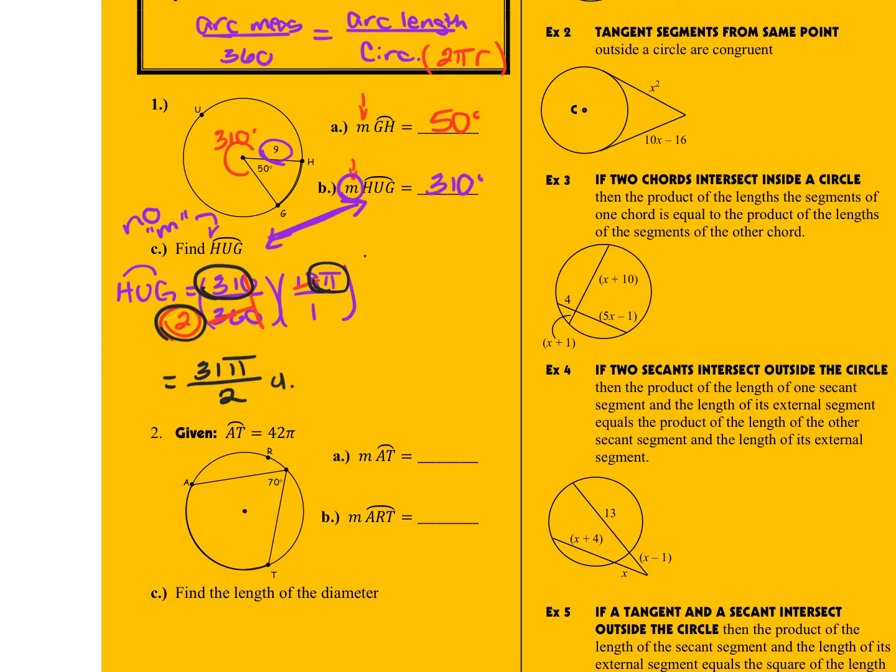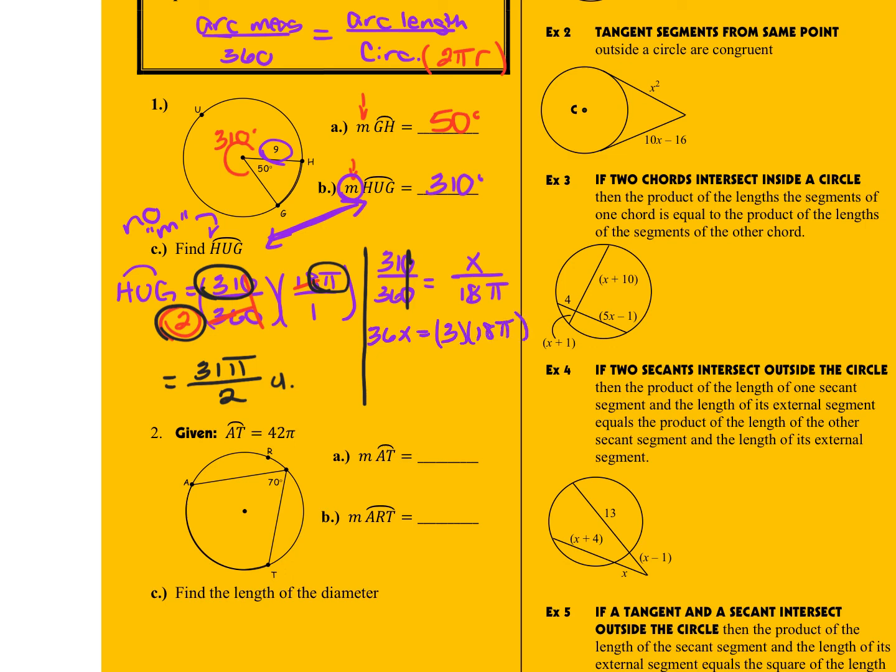Now, our other option would be that proportion method, and what you would do is you would say 310 over 360. Either way, you're going to take that portion, and now we're going to say, hey, I want to know the length, but I do know the circumference, and that's going to be 18 pi. And now you're just going to solve your proportion the same way that we did back in Chapter 7 or in your Algebra 1 days. You can reduce that side. We can cross multiply. So 36x, and I'm not going to multiply this out.